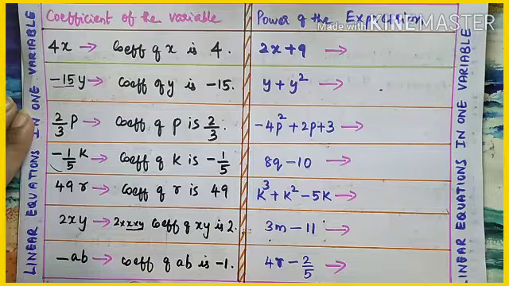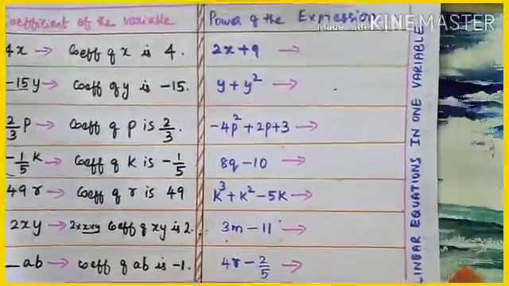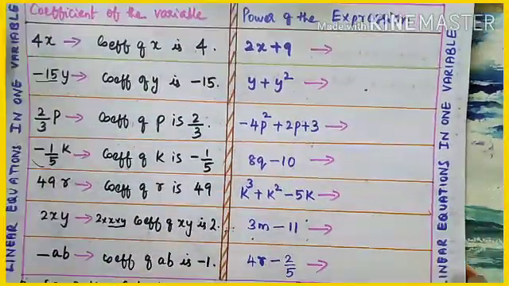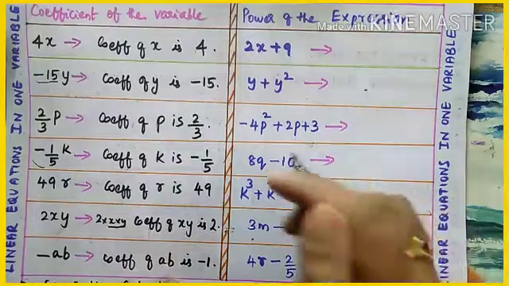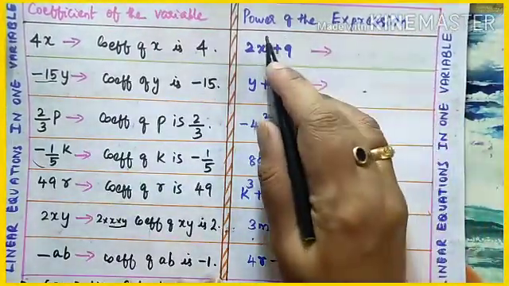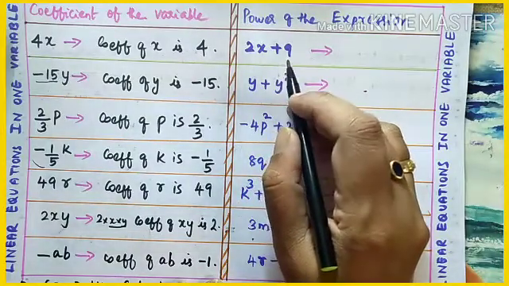Okay children? Yes. So now we are going to the second part that is needed in your chapter. Very important. So what is the next thing we are going to study? Power of the expression. What do you mean by power? You studied in earlier classes.